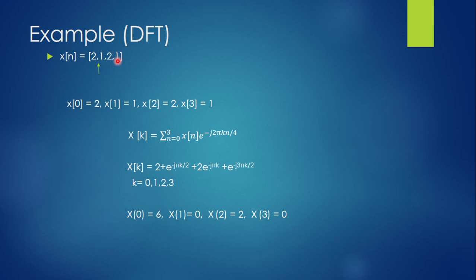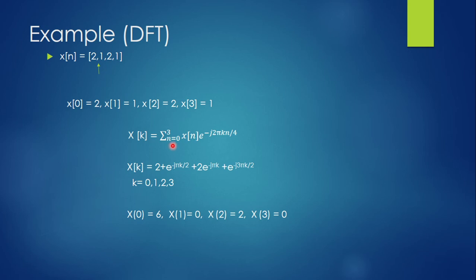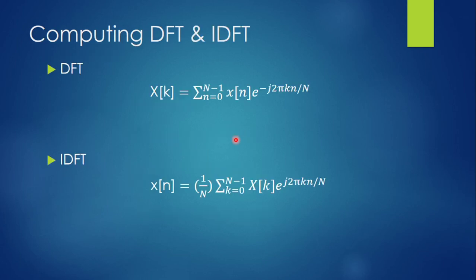Now you take this equation. What is the value of the capital N in this? It is 4, because we have 4 samples in the input sequence. So you put here n is equal to 0 to N minus 1, that is 4 minus 1, that is 3. You put the value of the capital N as 4 over here, 4 over here. What we get is n is equal to 0 to 3, and it is minus j 2 pi k n upon 4.